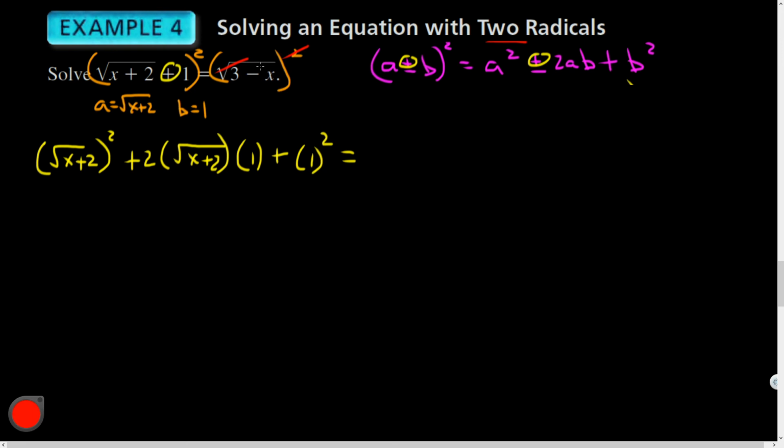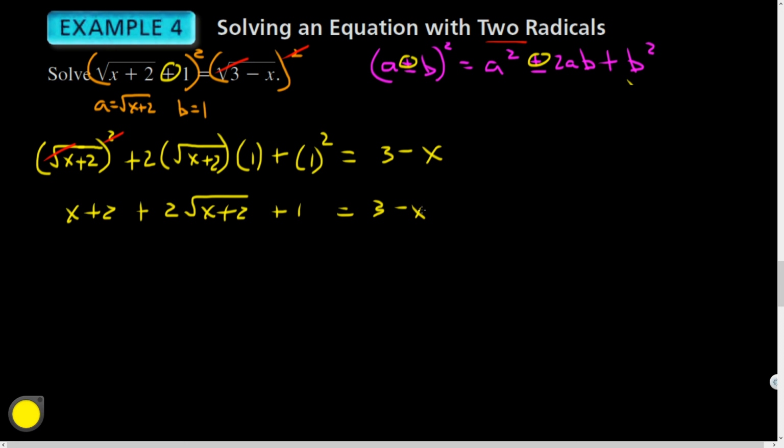The square and the square root canceled out because this whole thing was underneath the square root. And so I've got 3 minus x. So this whole piece cancels. So I've got x plus 2 plus 2 rad x plus 2 plus 1 equals 3 minus x.